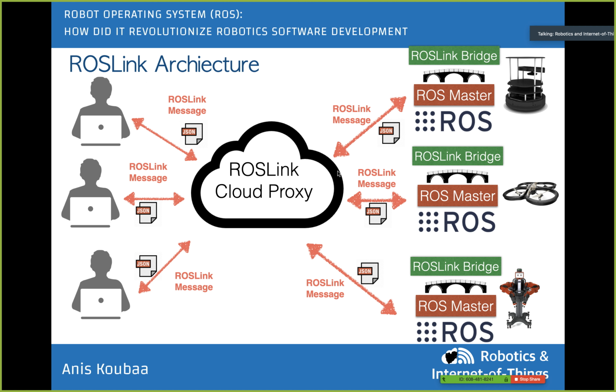It allows a server in the cloud, while every robot has its own ROS with its own ROS master, and we define another layer called the ROS Link bridge. It serializes the messages from ROS and sends them through the cloud. This allows several users to connect to the cloud and be connected to their respective robots.